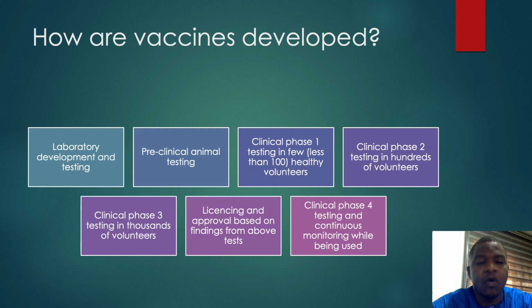So you have to call for volunteers who will then volunteer in development of the vaccine, and then you start small and you basically begin to test for the safety and the efficacy.